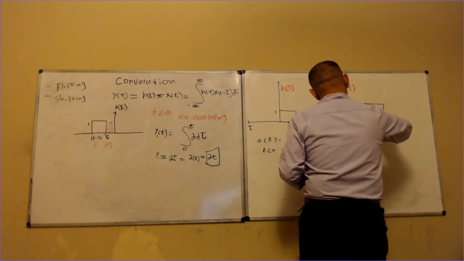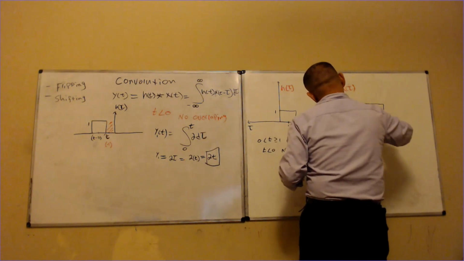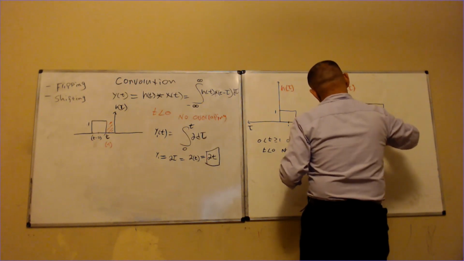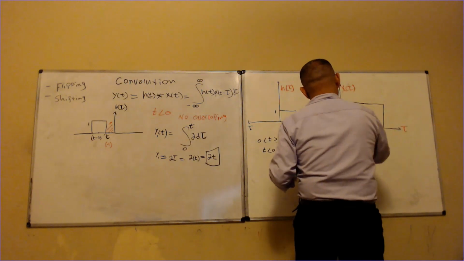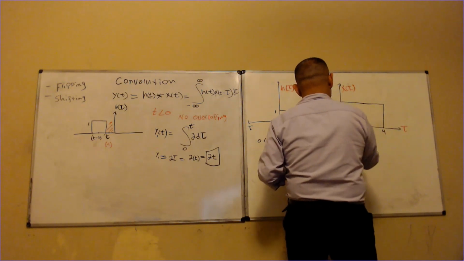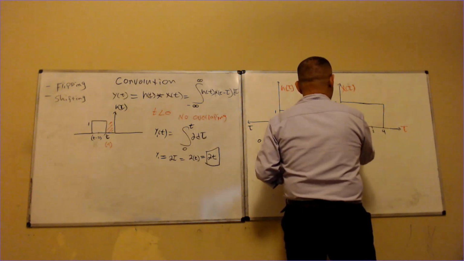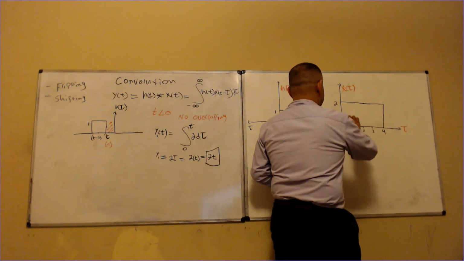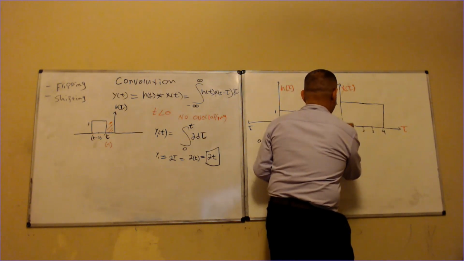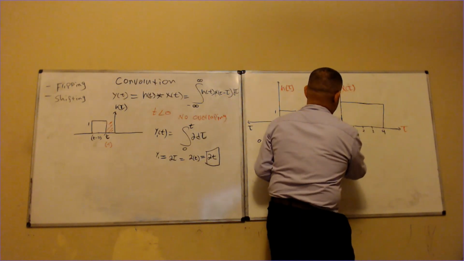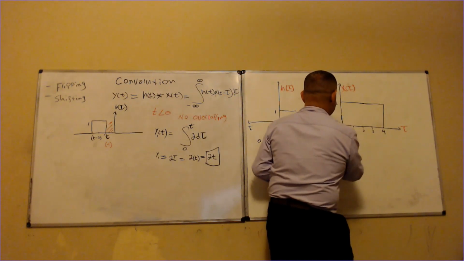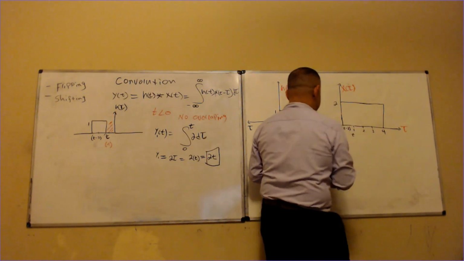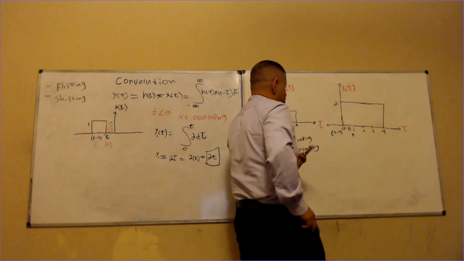Okay, now let me erase this and move forward. This is kind of tedious, but I'm sorry. All right, so now I am moving forward. This is going to be equal to, I am moving from here. So t minus 2 is going to be a 1.